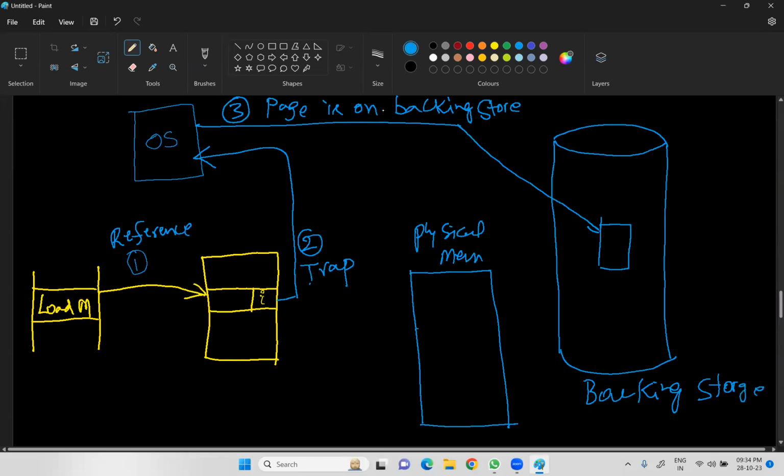So identify the free frame. Of course, it could be done with either swap in or swap out. Swap in or swap out will be done here. Free frame. Identify this particular free frame. Okay.